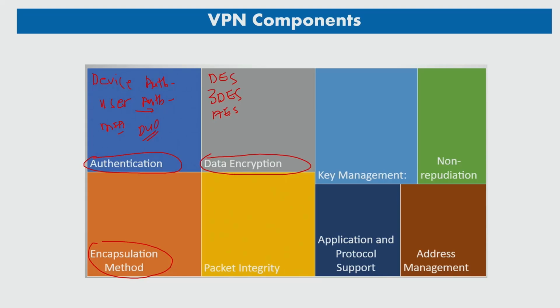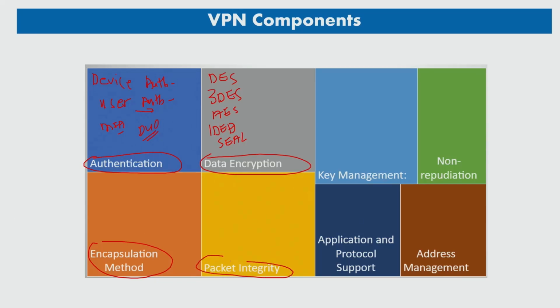We also have the International Data Encryption Algorithm, or IDEA. And we also have SEAL, or the Software-Optimized Encryption Algorithm. And RC4 are just a few examples of encryption algorithms. Not all VPN implementations, however, support all encryption algorithms.